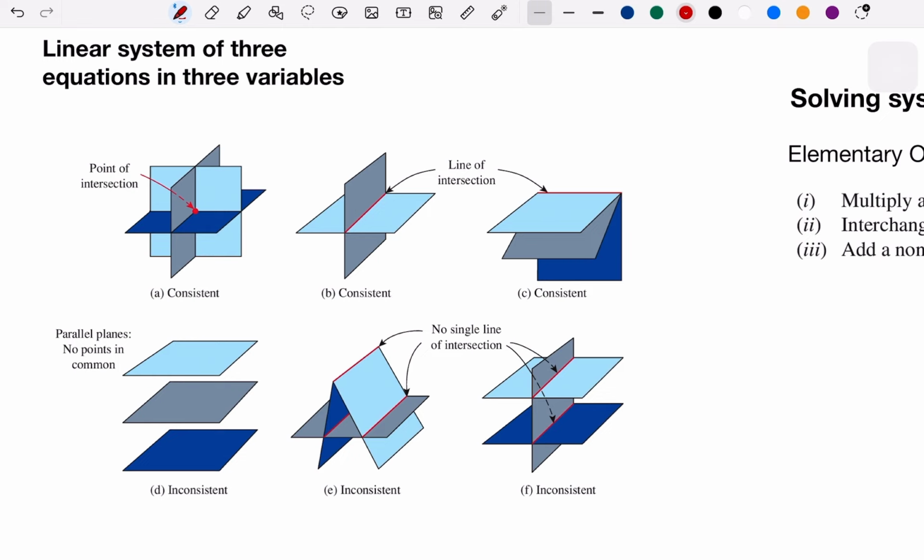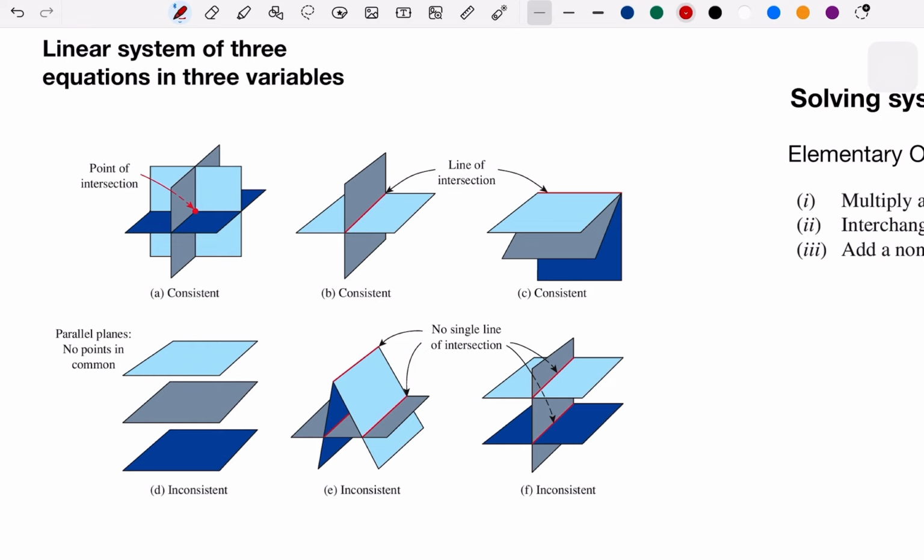This is also the same. If we have this kind of condition, we have a line intersection. It means that if we take another variation of 2 planes, it will be the same line intersection. The same with this one, which is rotating like that, and we have a perfect line intersection. So this is all consistent.